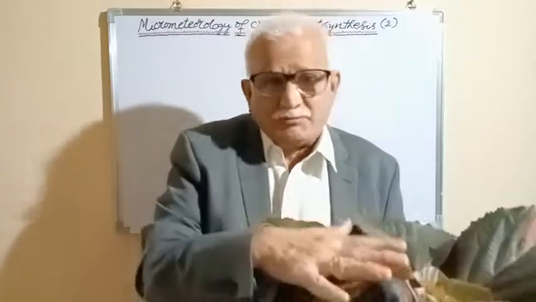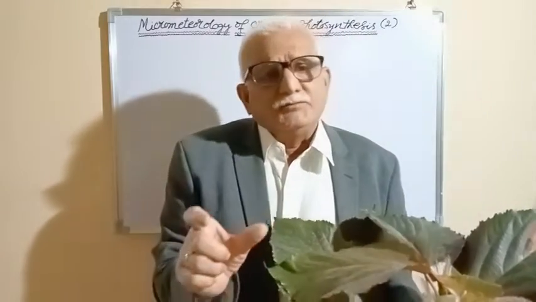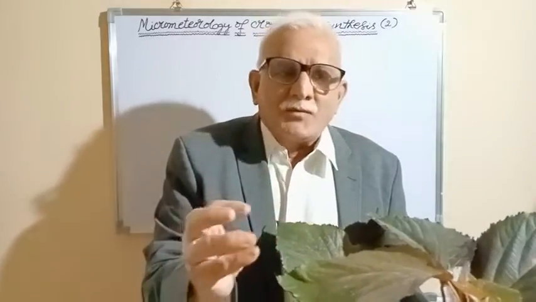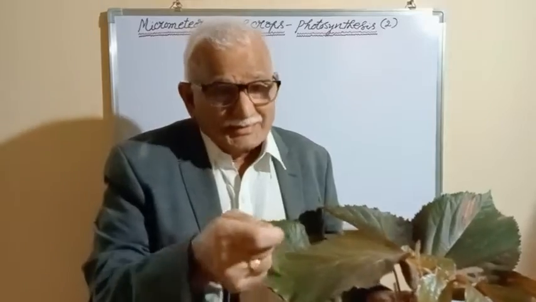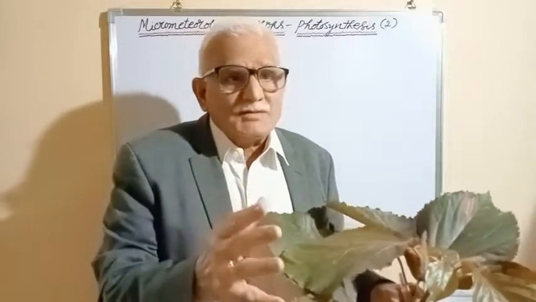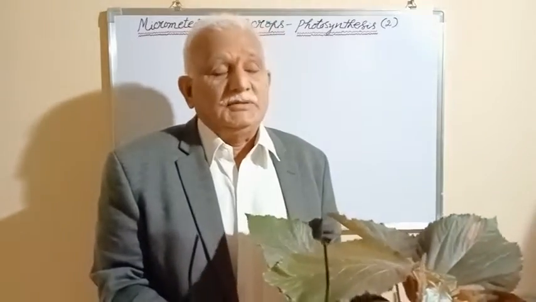Primary sugars are produced. Now I would like to discuss with you today something about respiration, under what conditions the photosynthesis is less, and what are the responses of C3 and C4 plants with reference to photosynthesis.